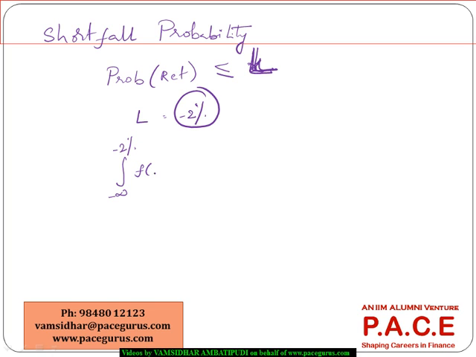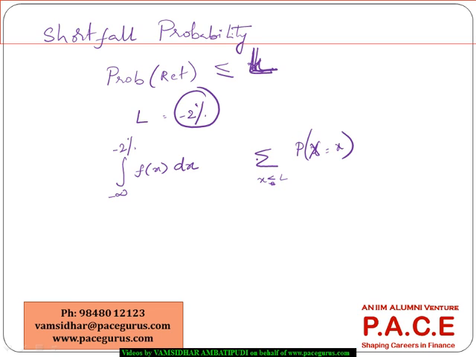What is the probability of f of x? Similarly, in a discrete form, I'll add up all those x's whose value is less than L itself. All the probabilities whose value is less than L will constitute my shortfall probability.